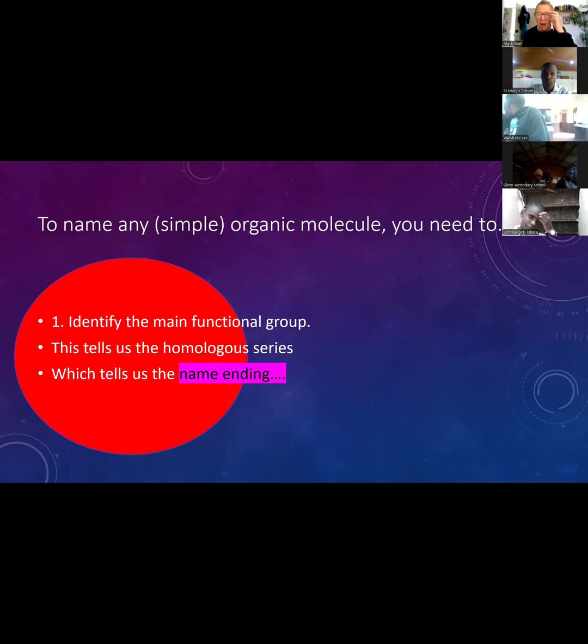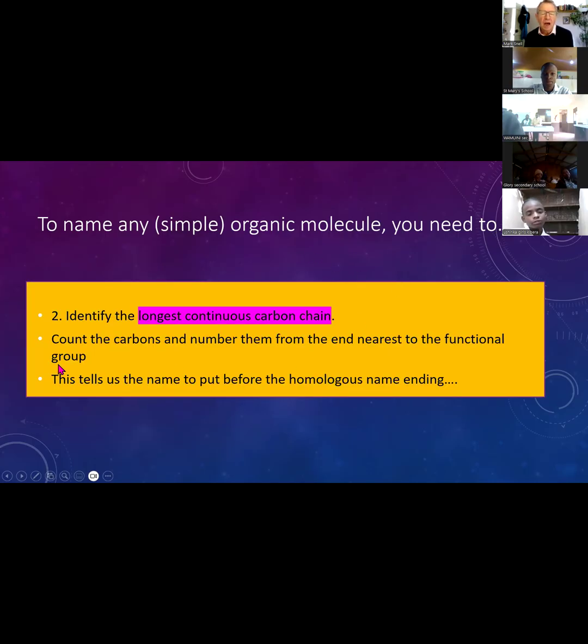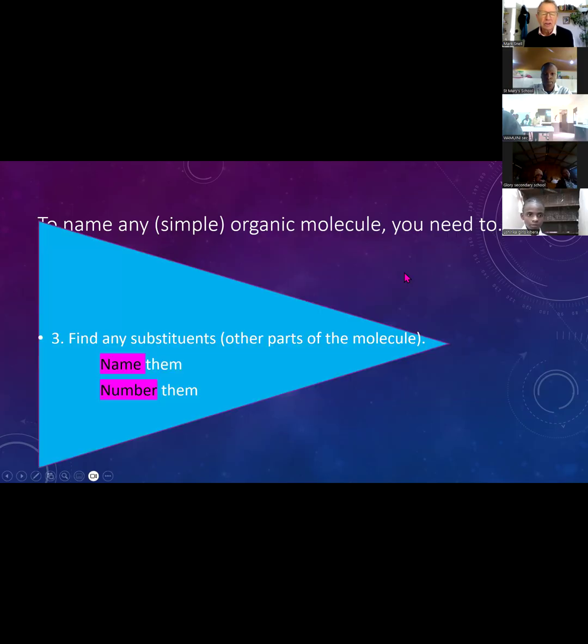There are 3 parts to naming any organic molecule. There is no need to write all this down. But what I want you to know is that I use with my students 3 different colors and 3 different shaped boxes: a circular one, doesn't matter about the color, a rectangular one, and a triangular one.